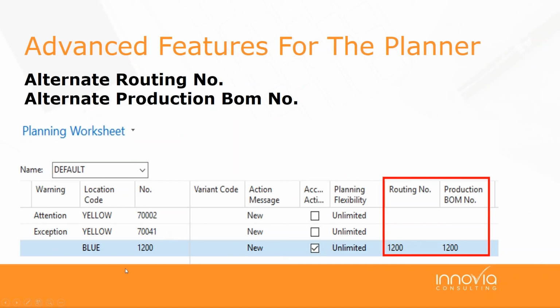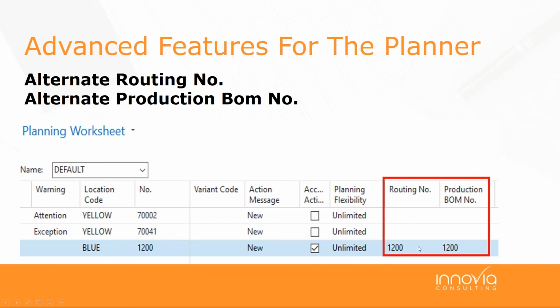Okay, we'll keep going here. I'm going to talk about a few advanced features for the planner. Production people, whatever. I'm in the planning worksheet. This is an example. It wants me to build something here, and you can expose the routing and production BOM on the planning worksheet, meaning I could change this right now.